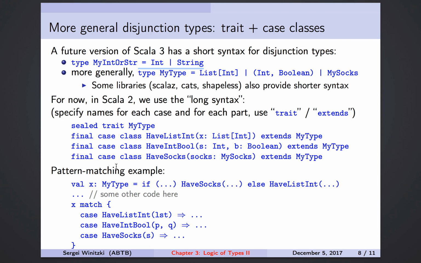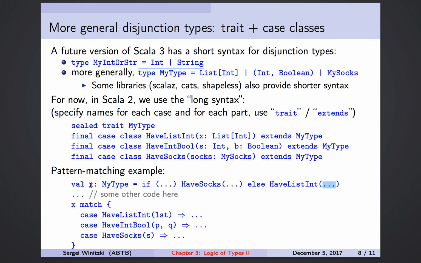So, for example, first I create a value of this type. So this could be a result of some computation with conditions. If some condition holds, then the value is have_socks with some socks values. And otherwise, it's have_list_int with some list_int value.